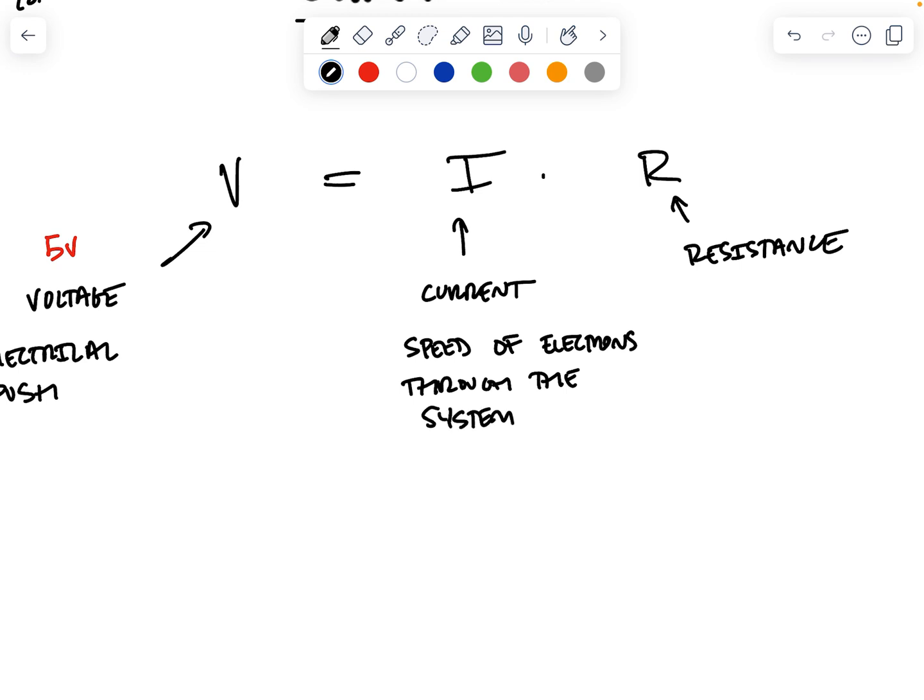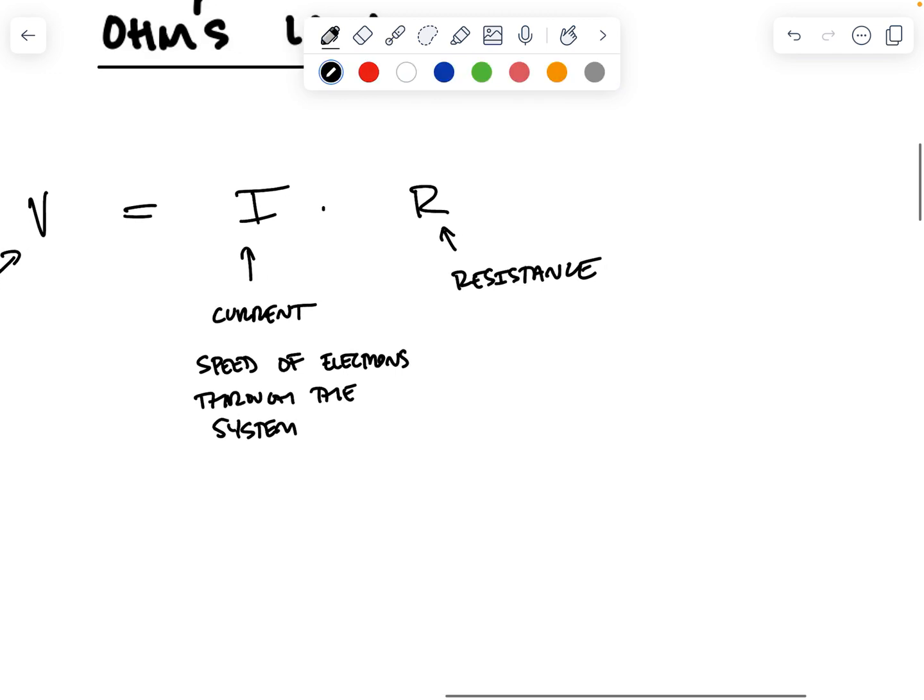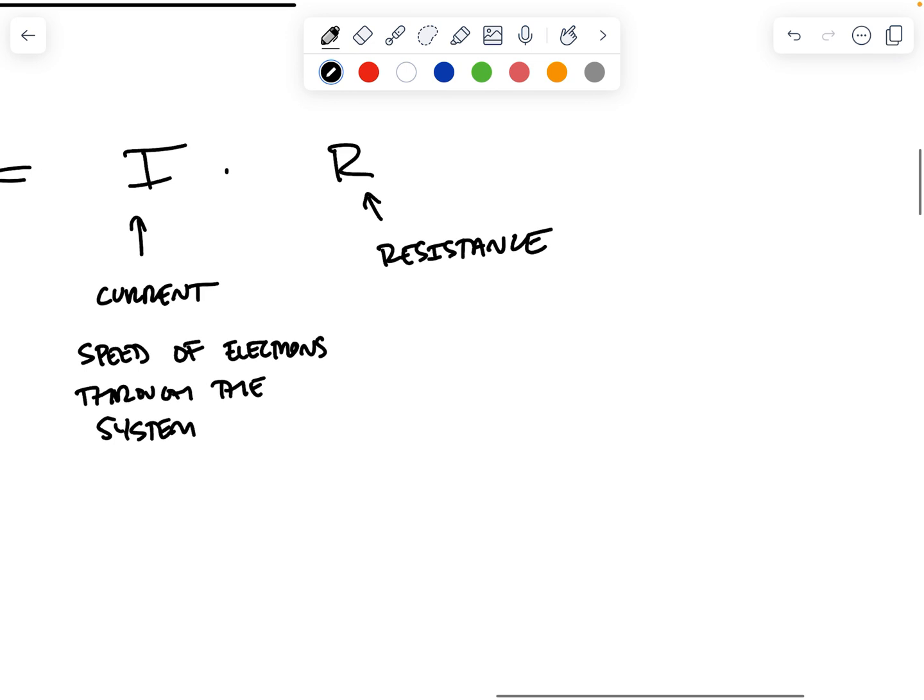So just like a current of a river, more current means more water flowing down a river. More current in an electrical system means more electrons flowing through the circuit. Okay, and then last up is the resistance. This is the difficulty of electrons moving through the circuit.